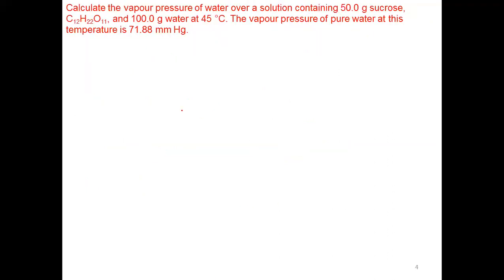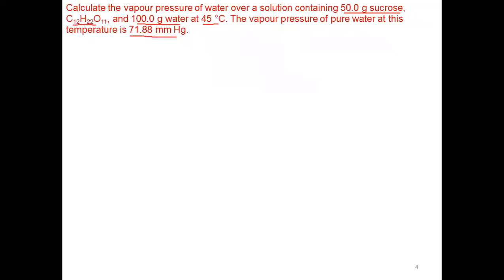The next numerical says: calculate the vapor pressure of water over a solution containing 50 gram sucrose. We have a solution of sucrose and water. We have taken 50 gram sucrose, 100 gram water at 45 degrees C. The vapor pressure of pure water is given, 71.88 mm Hg.